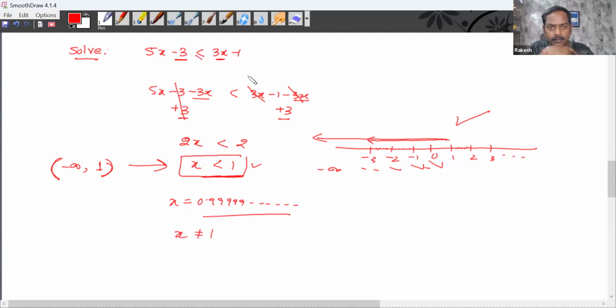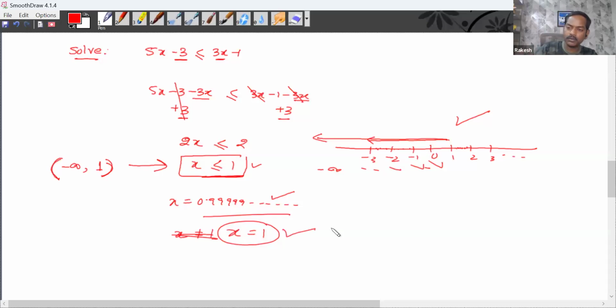Good. Now suppose the question was less than or equal to; you would have retained everything else. Now the solution is x less than or equal to 1. So now I can say that not only these are part of the solution, x equal to 1 is also part of the solution.